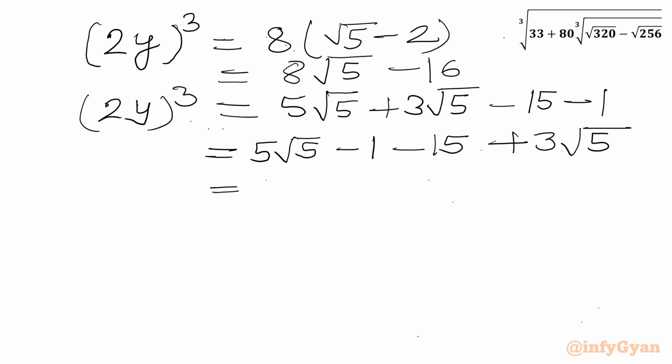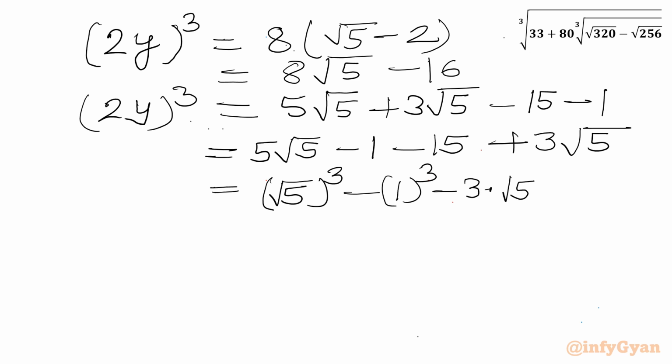Can we write 5 root 5 as root 5 whole cube? Can we write minus 1 as minus 1 whole cube? Can we write minus 15 as 3 times root 5 square times 1? And can we write 3 root 5 as 3 times root 5 times 1 square?